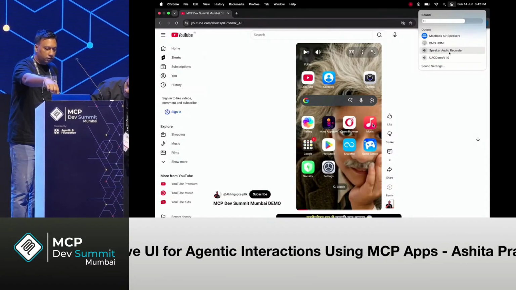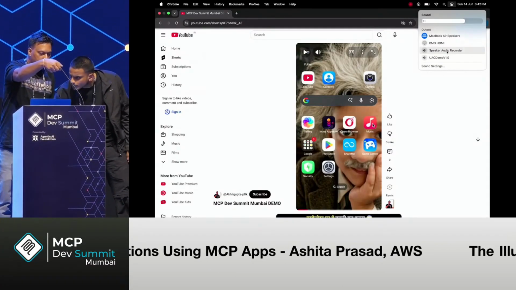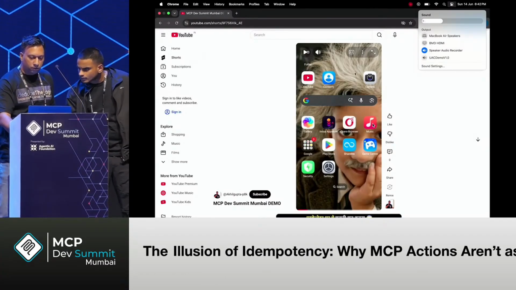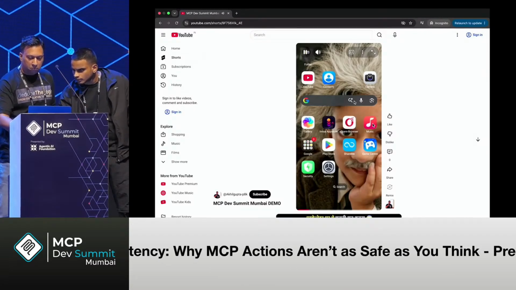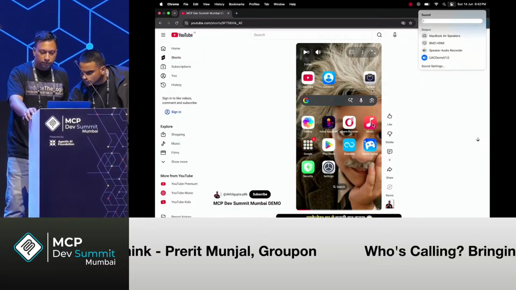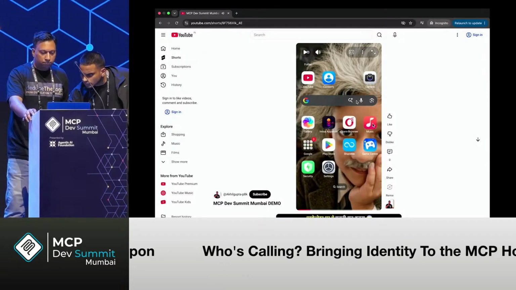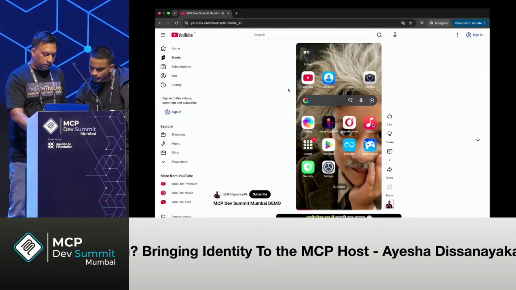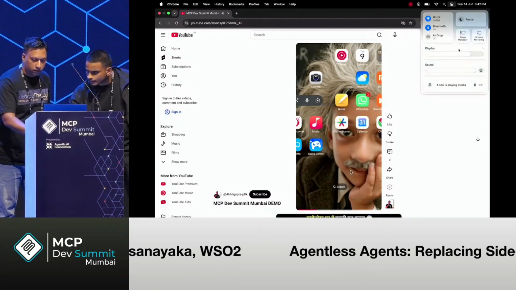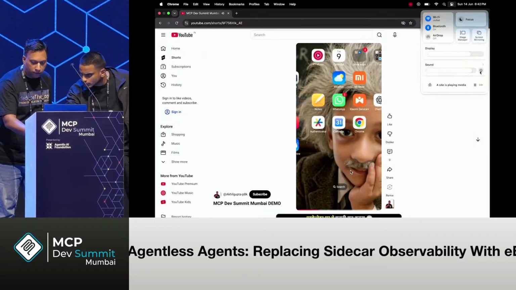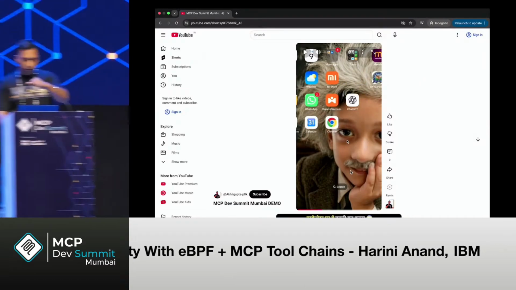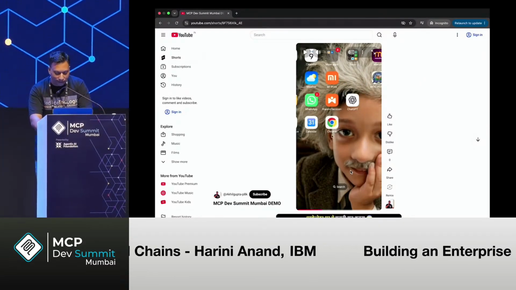Switch to the other one. You're not able to set up the sound properly.